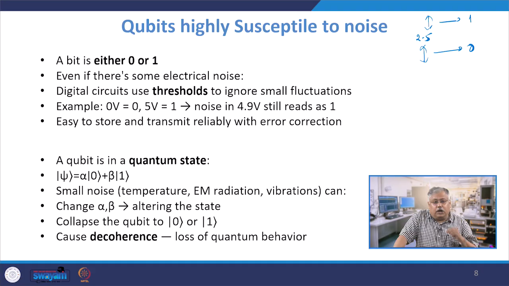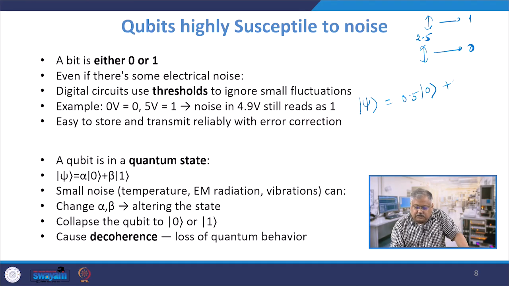Even a small noise, be it from temperature fluctuations, electromagnetic radiation or thermal vibrations, will suddenly change alpha and beta, and as a result there will be a collapse of the qubit. Say alpha equals 0.5 and beta equals 0.5, then ket psi equals 0.5 ket 0 plus 0.5 ket 1.